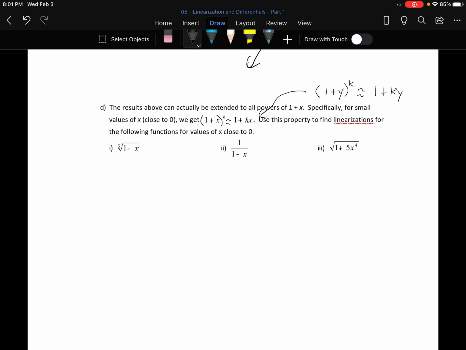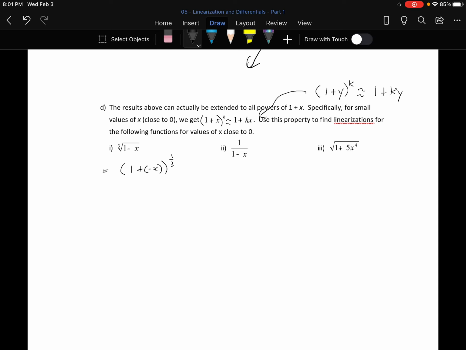So they want the third root of 1 minus x, and they want the linearization of that. I'm just going to write that in the form we want, which is 1 plus negative x to the 1/3. That writes it in the form that I want to do this linearization. My formula says 1 plus something, and the 1 plus something is 1 plus negative x there.